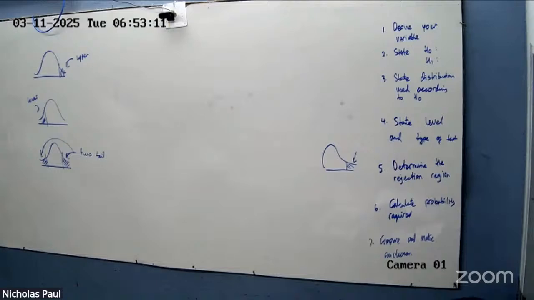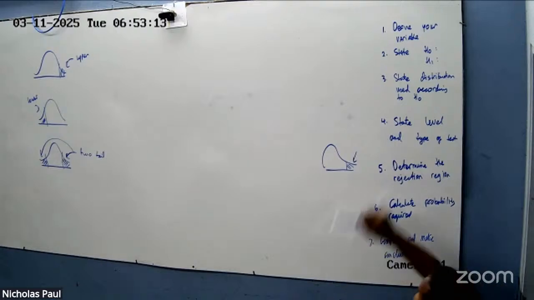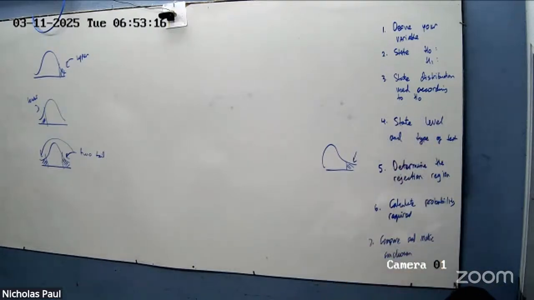Right, so just make a note. If H1, your alternate hypothesis, involves a more than sign, you're using an upper tail test. Of course, you can figure out lower tail.